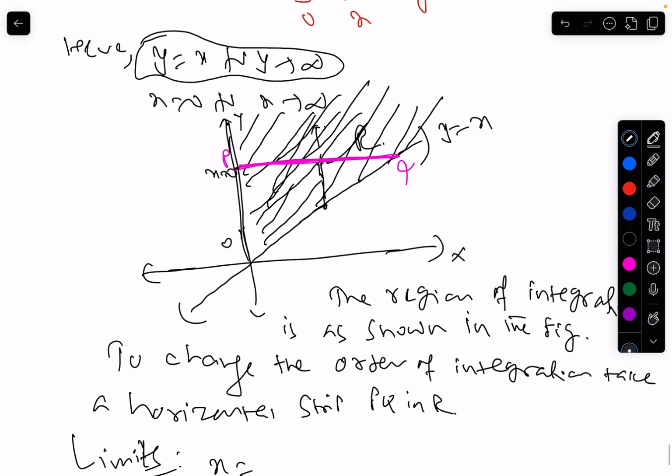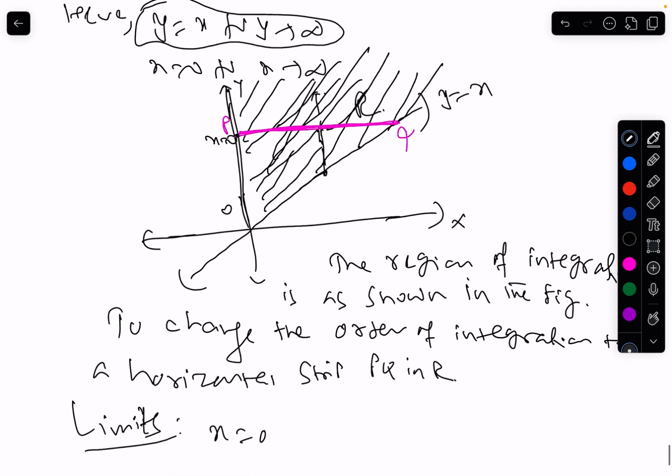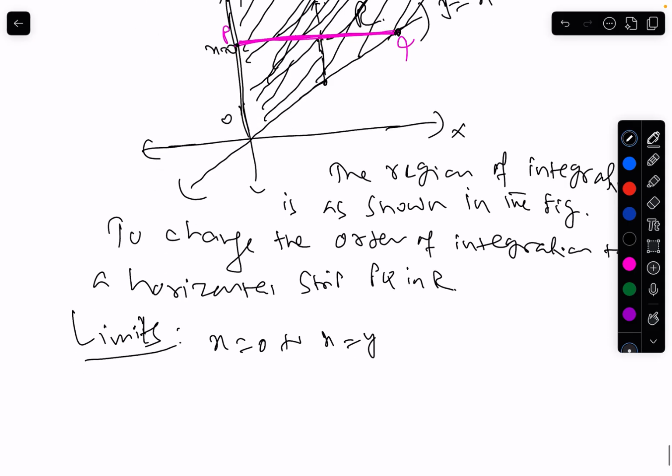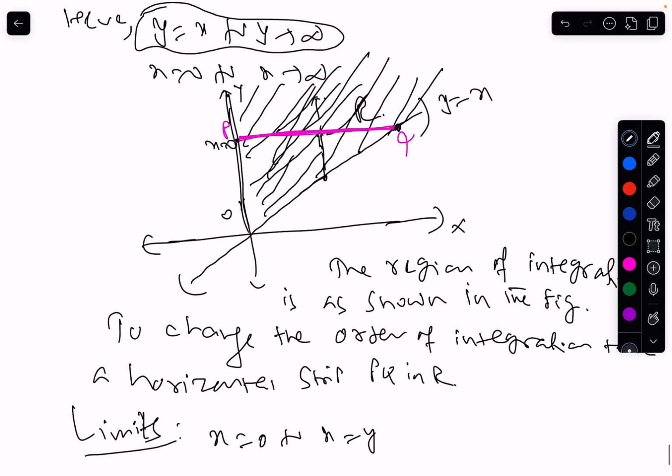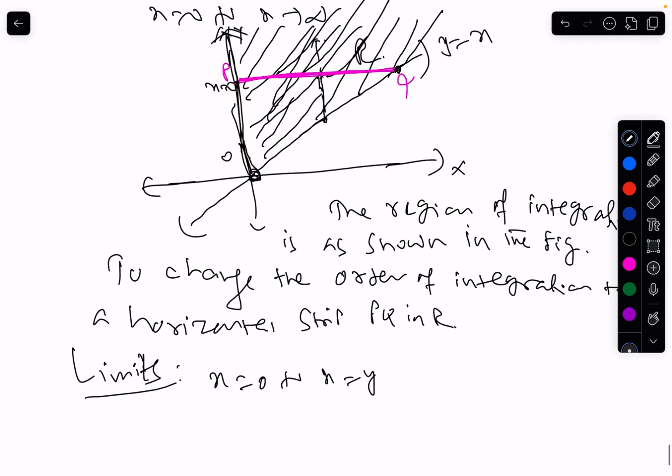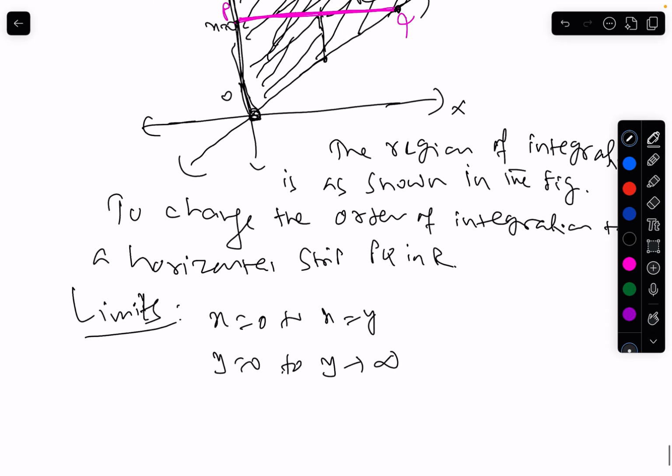Now x is 0 here, to x other end is on the line y equal to x, so x equal to y, and this strip slides vertically from here to indefinitely like this. So y equal to 0 to y infinity.